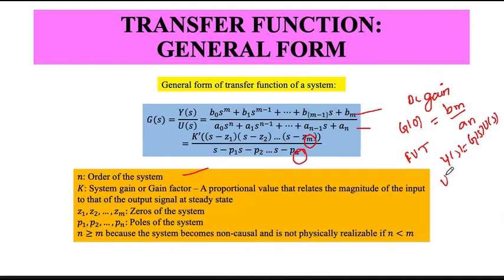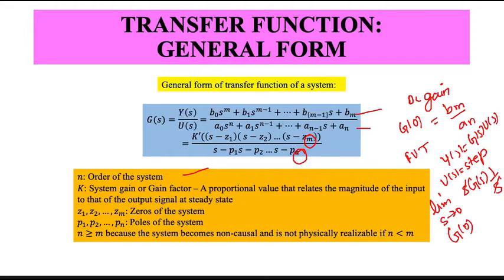So U(s) is a step, and I apply the final value theorem: limit s going to 0 of s into G(s) times 1 by s for a step input. So these factors go away, and what I am left with is G naught. This is referred to as the DC gain of the system, computed as Bm by An.